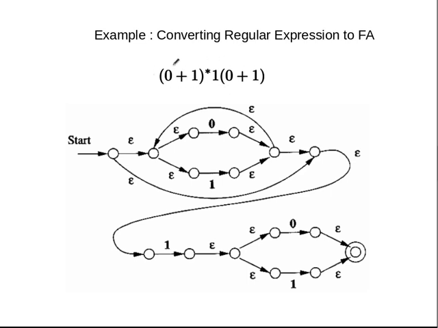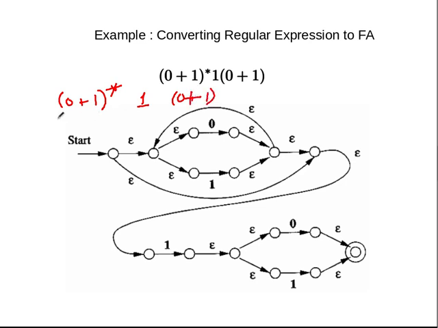So given a regular expression, you need to break it down into smaller regular expressions. So how do you break this down? So you take this and this, right? So you break it down into concatenation of 0, 1, star, then 1, and then 0, 1, right?